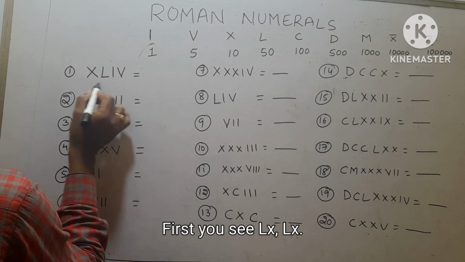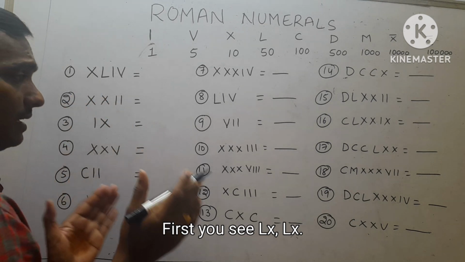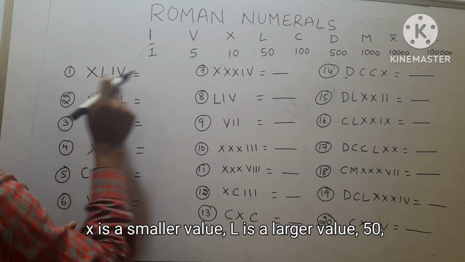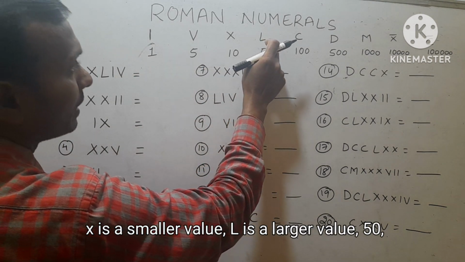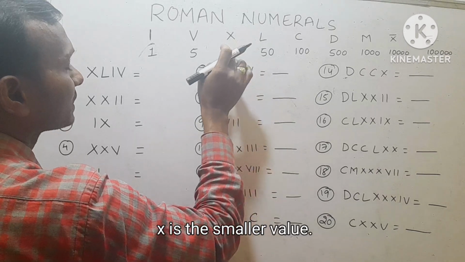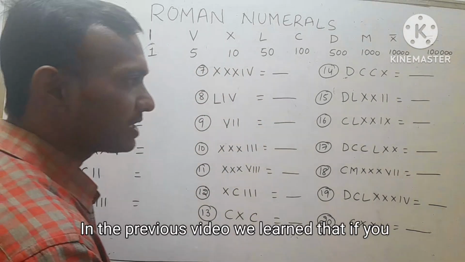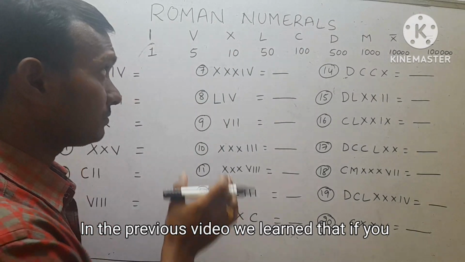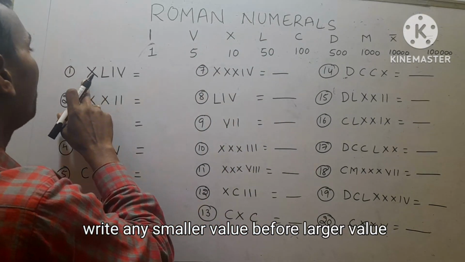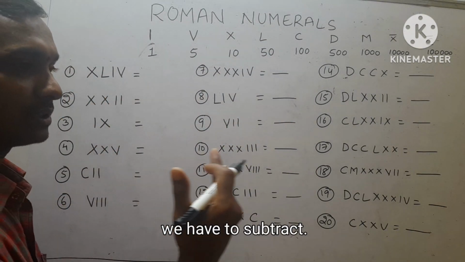First you see LX. L is a larger value, 50. X is the smaller value. In the previous video, we learned that if you write any smaller value before a larger value, we have to subtract.